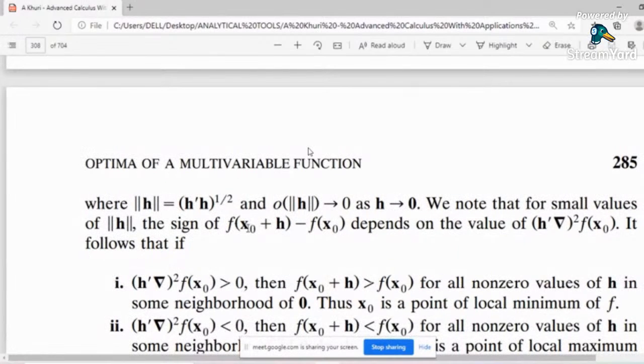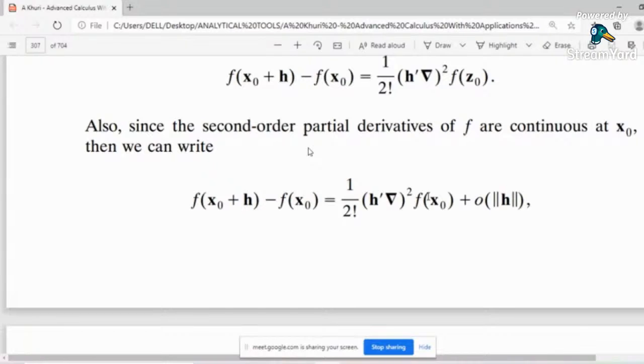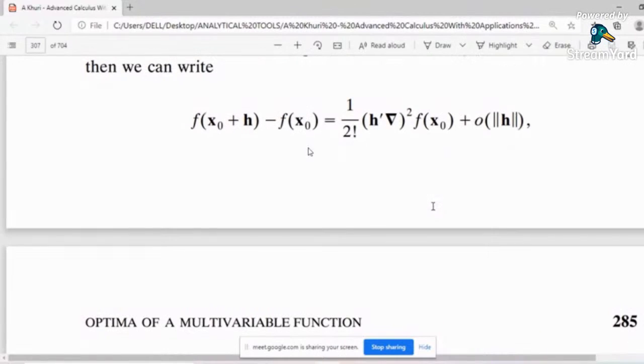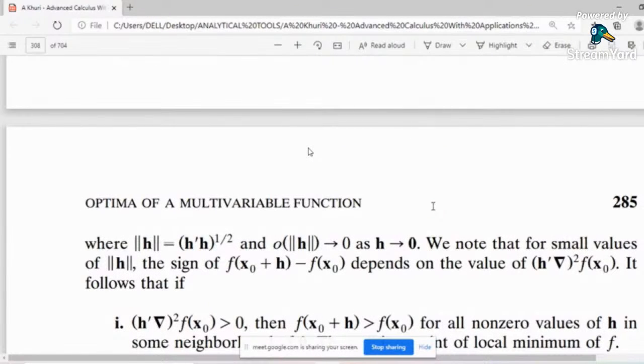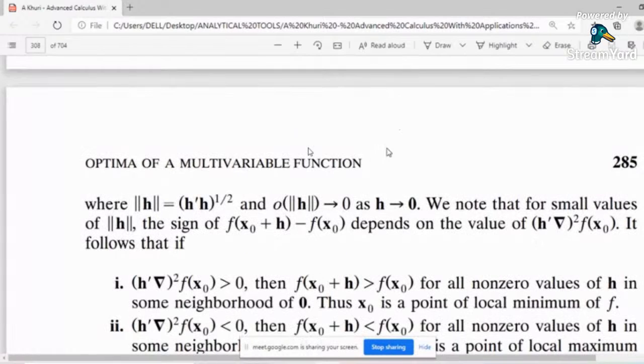So the sign of f of x naught plus h minus f of x naught depends on the value of the first part in the right hand side, h prime del square f of x naught. So the sign of the left side depends on the sign of the first term in the right side.